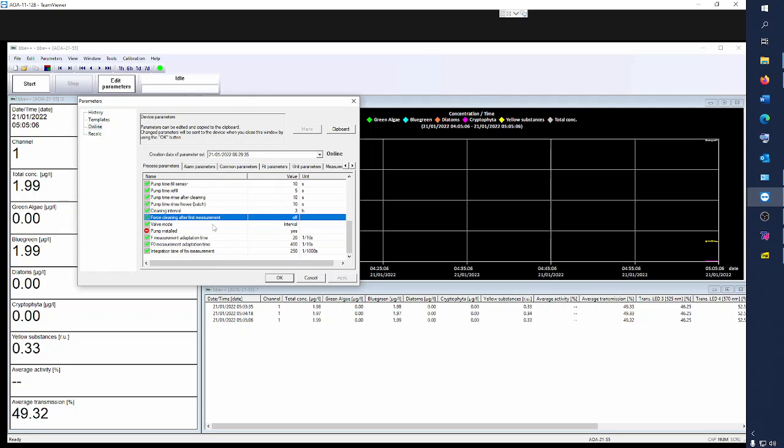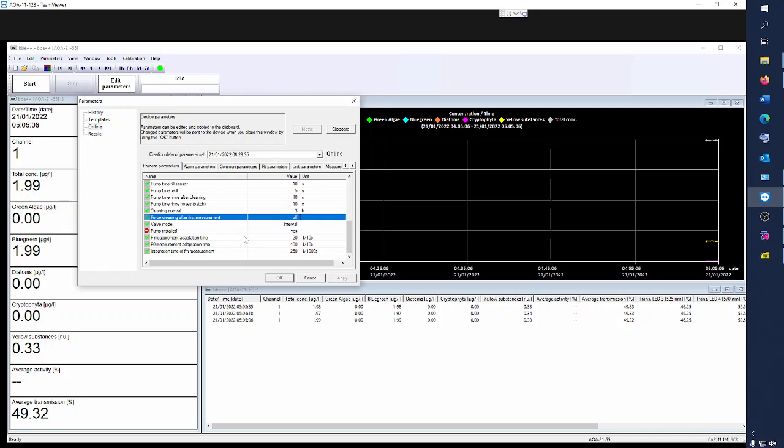Force cleaning after first measurement, you can say, okay, if you start, it should start with the cleaning, but that's not the mode. If you have valves, you can say that it should be interval measurement. Pump installed: yes, you cannot change it, it's blocked here. F measure time, attention time is 22 seconds, 40 seconds and 25 seconds.